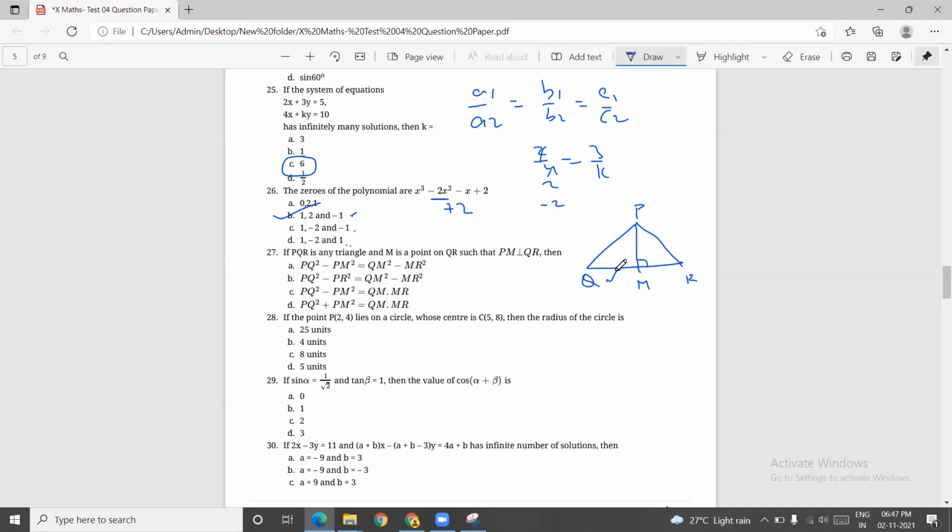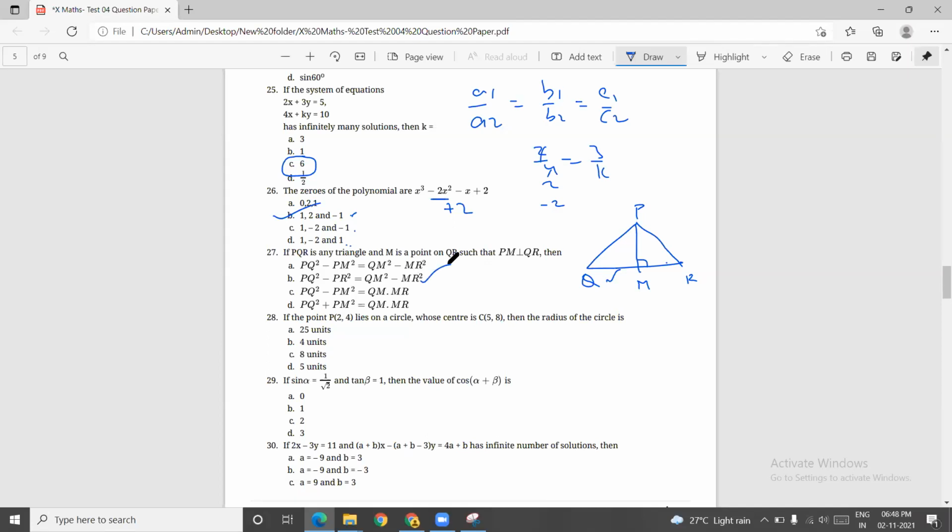This is taking this square minus this square. So PQ square minus PR square. PQ square minus PR square is QM square minus MR square. How can you do this question, students?